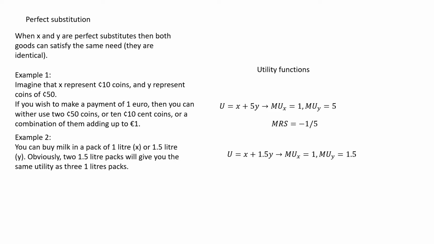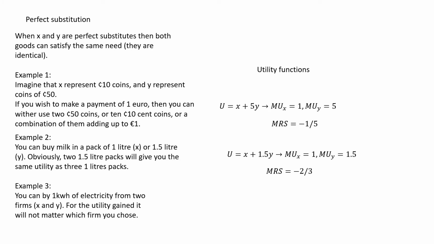So, in this case, we can see that the marginal utility of the 1.5-liter milk must be 1.5 times that of X. This gives us, again, marginal utilities being constant, leading to minus 2/3 as the marginal rate of substitution. That is, in this case, the indifference curve will be a line with a slope of minus 2/3.